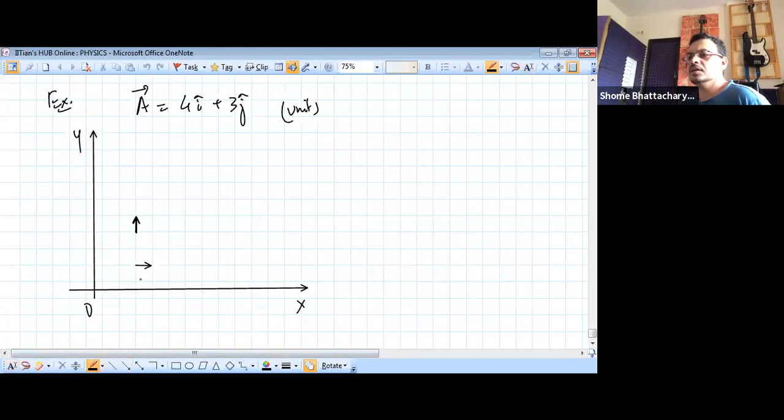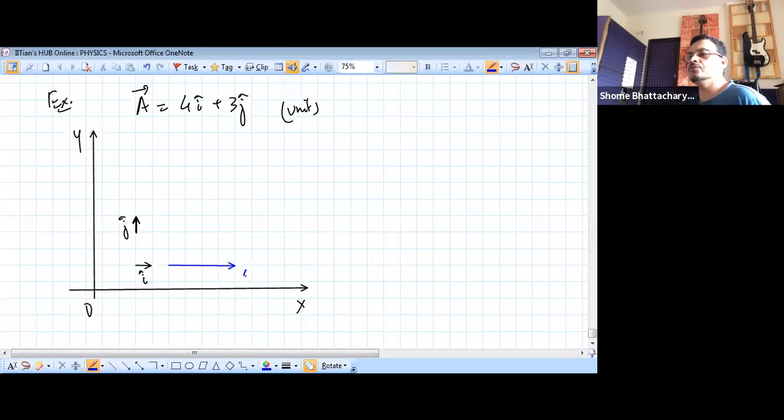i cap अगर ऐसा 1 यूनिट का वेक्टर है और j cap 1 यूनिट का वेक्टर है, then what is the quantity 4 i cap? 4 i cap should be a vector of magnitude 4, but lying along the x-axis, so it should look like this. Should be like this.